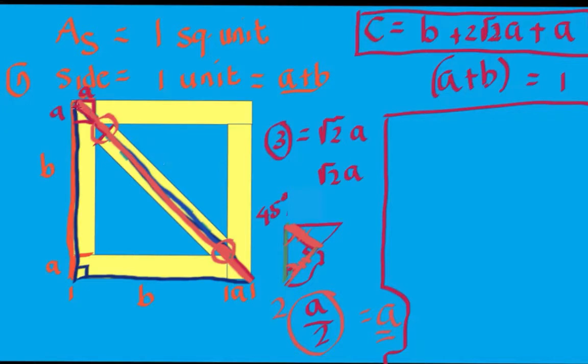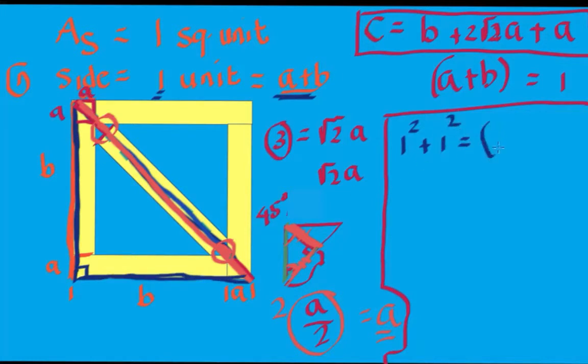So here, the length of the side is A plus B, which is equal to 1. So basically we are going to square 1, 1 squared, plus the square of this other side, which is also 1 squared.